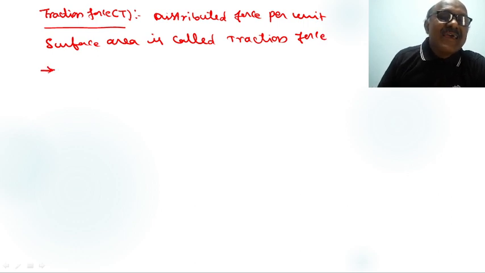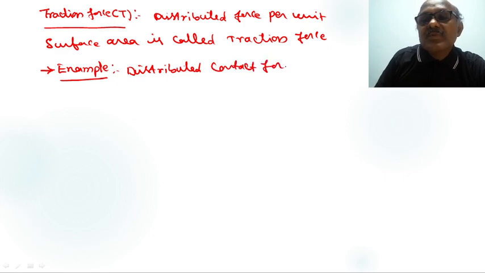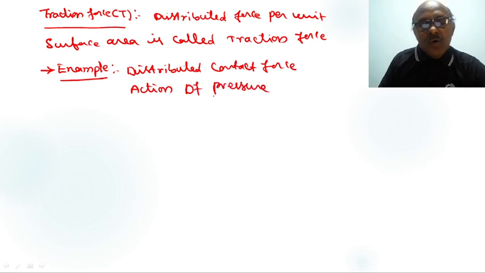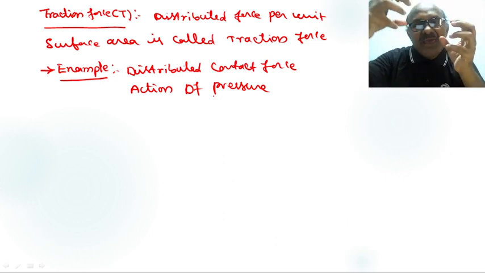What is the example for this traction force? Example for this traction force is distributed contact force and action of pressure, my dear students. So a part of the boundary, we are applying traction force.